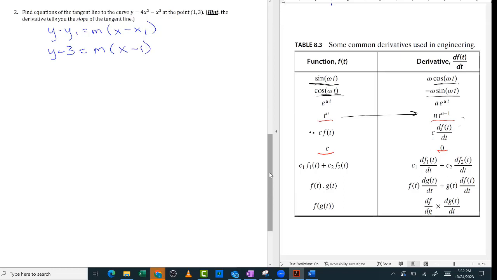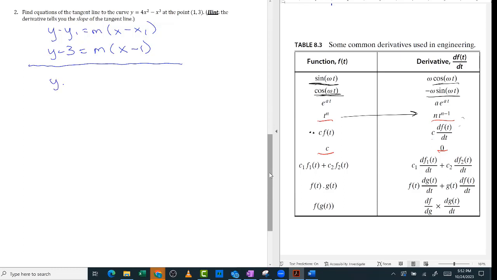However, I don't know what m is. How do I find m? M is the derivative. The derivative is the slope of the line tangent to a curve at a point. That's all I have to do.